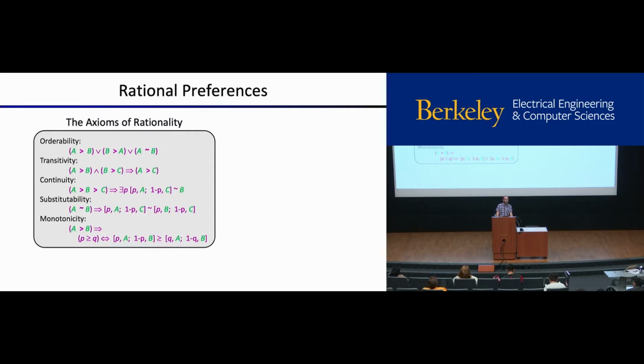Anyone doubt any of these? Anyone think that you can be rational while disobeying one of these? Yeah. Or another question. The greater than, less than symbols are for saying you prefer one to the other. So then for monotonicity, are these actual... Oh, okay.